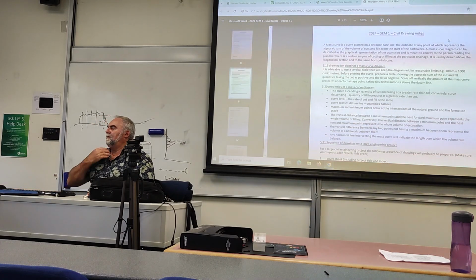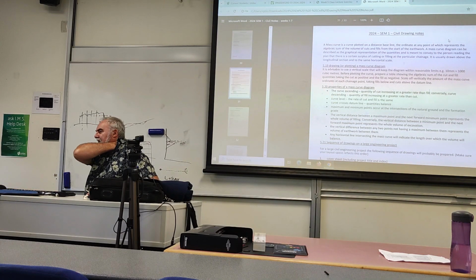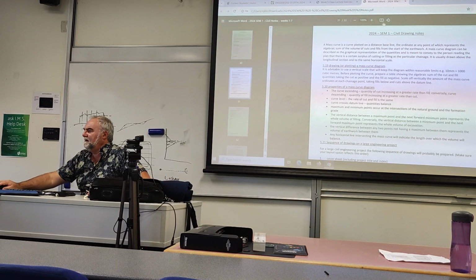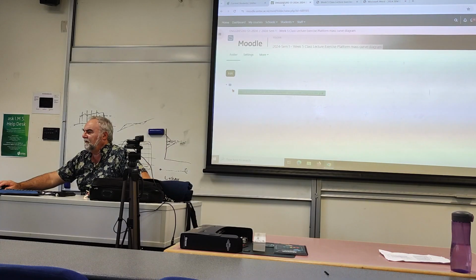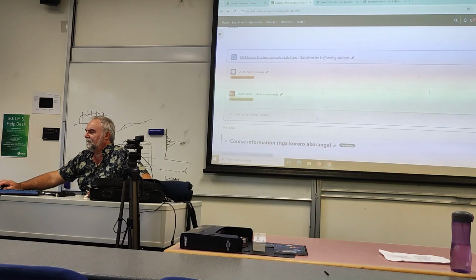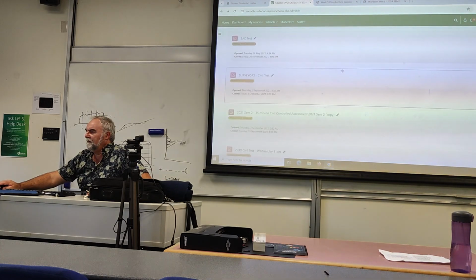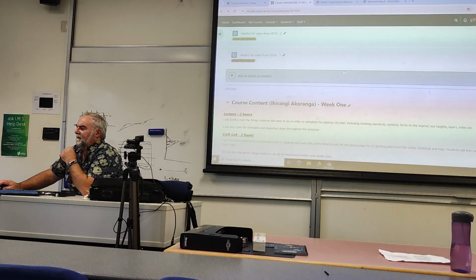So that tells you how to plot the mass curve diagram. I really should make that other one available as well, so that you can have a look at that.